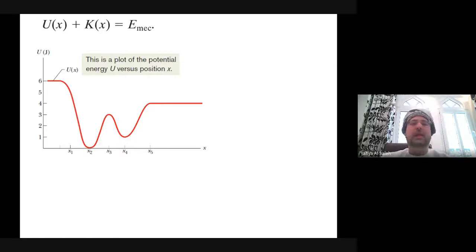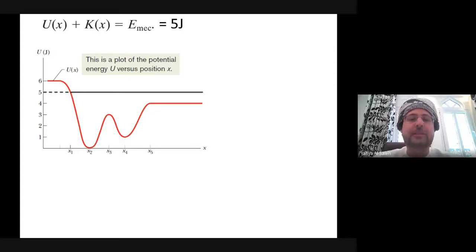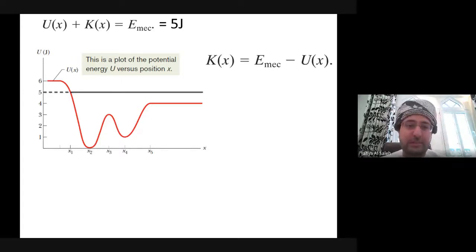Okay. Now, what else can we learn from one of these plots? These plots are actually really, really useful. Maybe not in the sense of physics 1, but generally they're very useful. Let me give you an example. If we know that the total energy is 5 joules, my total mechanical energy, this gives me a maximum potential energy, a maximum kinetic energy, a maximum velocity.